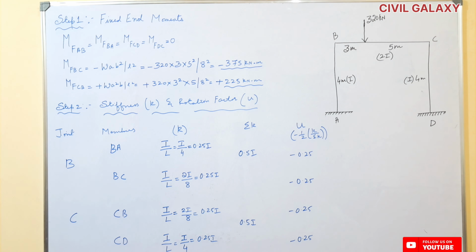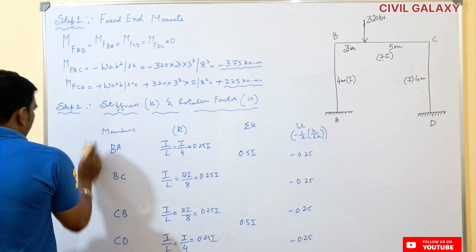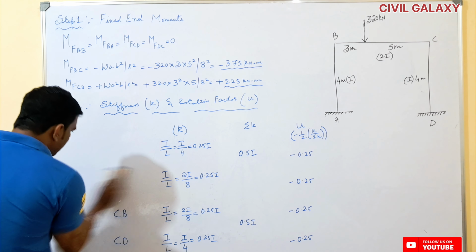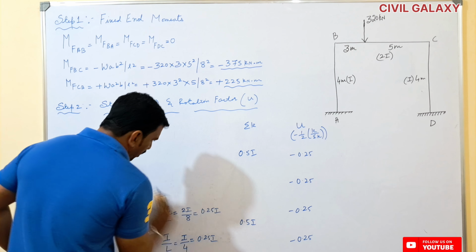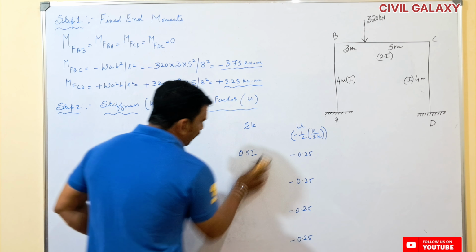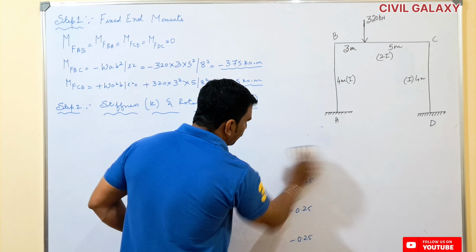So after calculating the rotation factors, since the frame is subjected to a lateral sway, we need to consider one more additional value we have learned from the previous class.